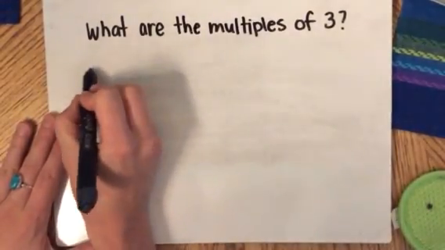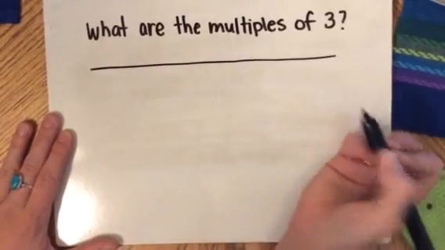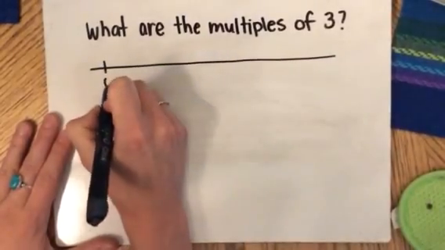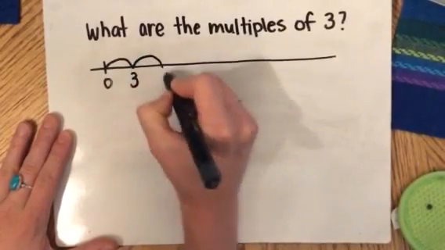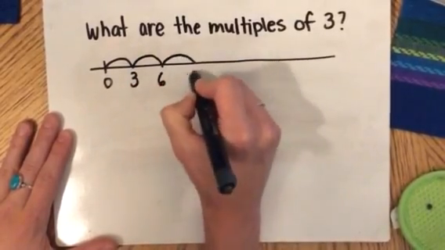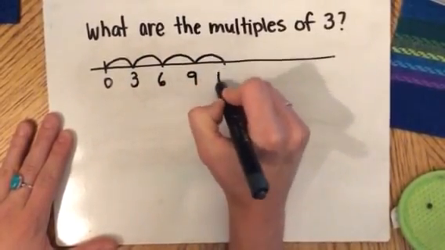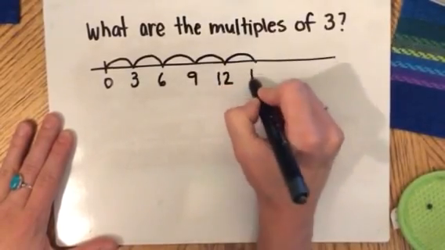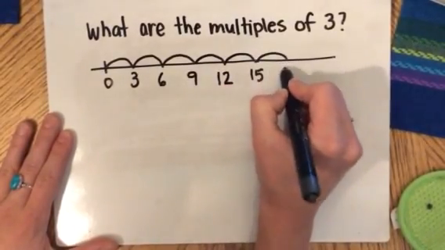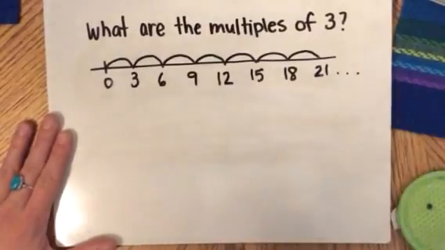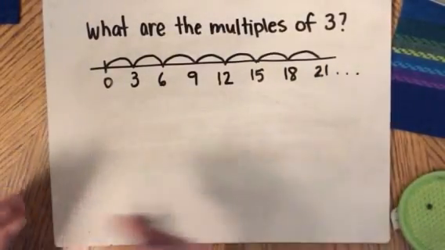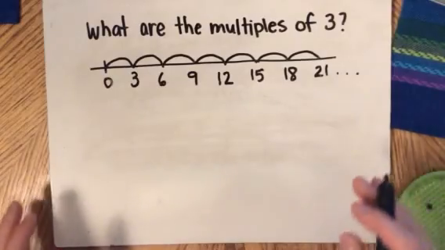Another way I could find that out is by skip counting by 3 on a number line. So count with me. 0, 3, 6, 9, 12, 15, 18, 21, and on to infinity. I could keep going. Multiples can go on and on and on.